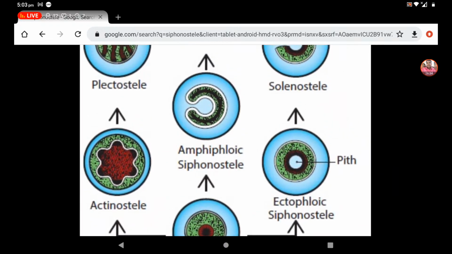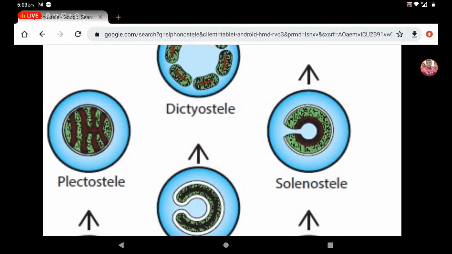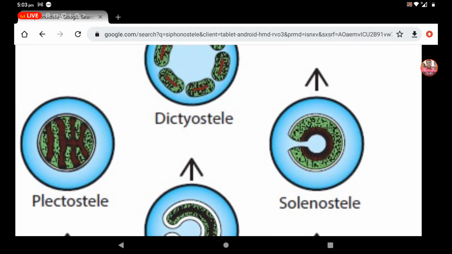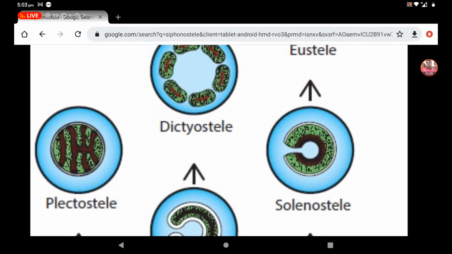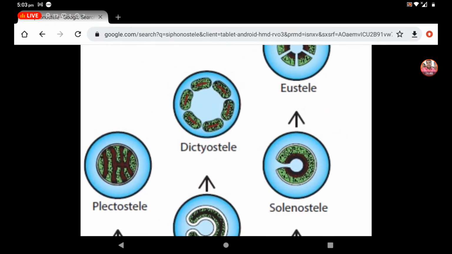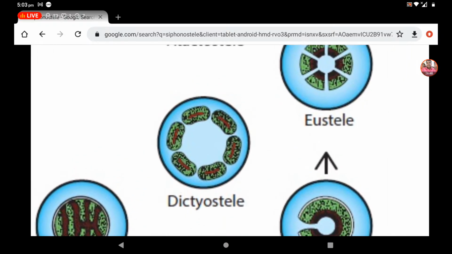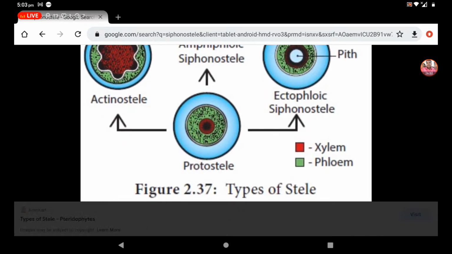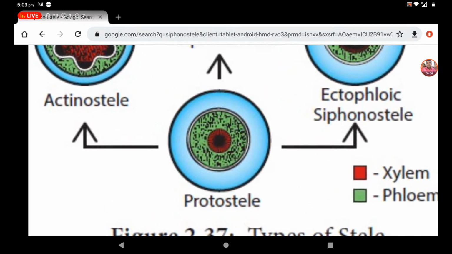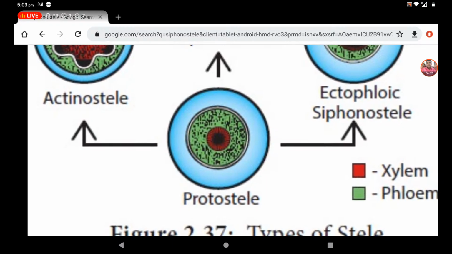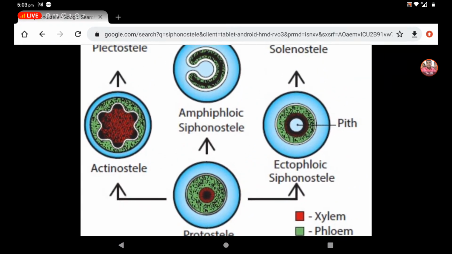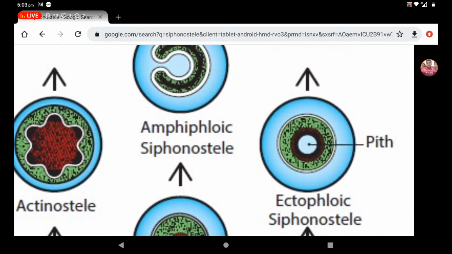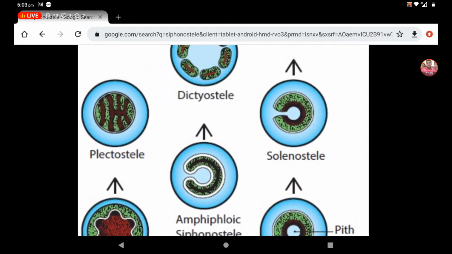That is called siphonostele. And one more variety is solenostele. Siphonostele with leaf gaps you are finding here. And dictyostele is also present, with overlapped leaf gaps. So once again, protostele has xylem centrally and phloem peripherally. And next we identify siphonostele, where the center of the stem has pith, that means medulla, called siphonostele.